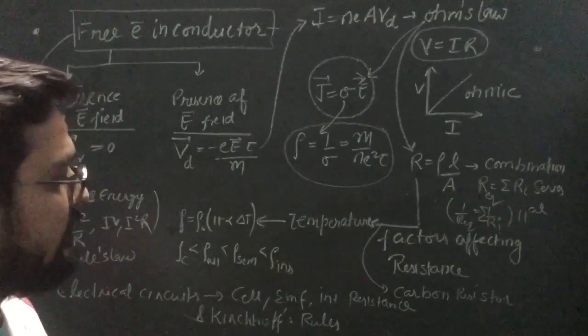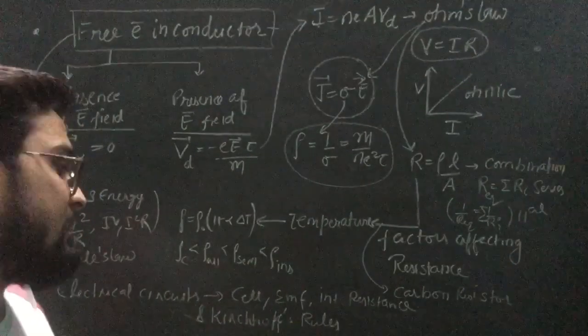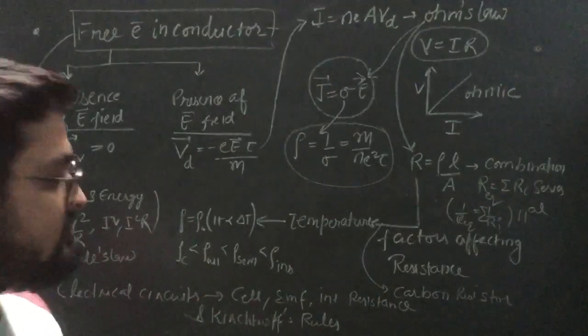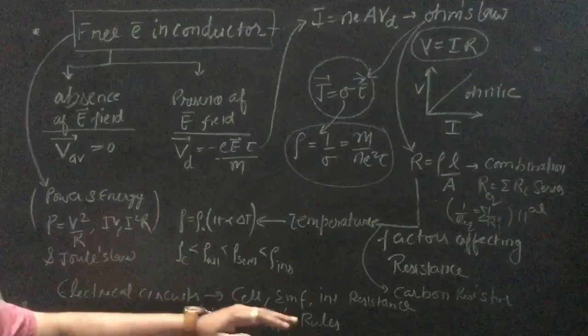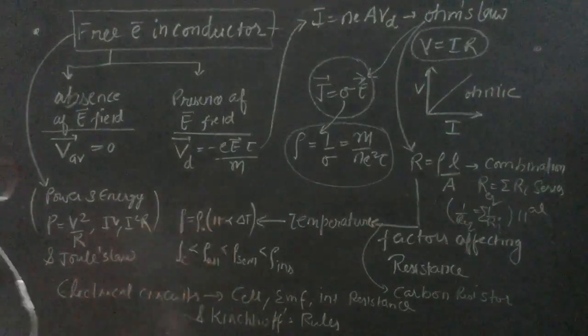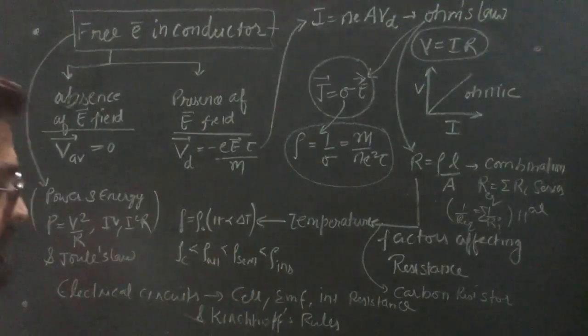So that's why if work done is zero in a closed path, then sum of all the potential differences must be zero in a closed path. Based on this we have done 4 or 5 numericals which are very important.